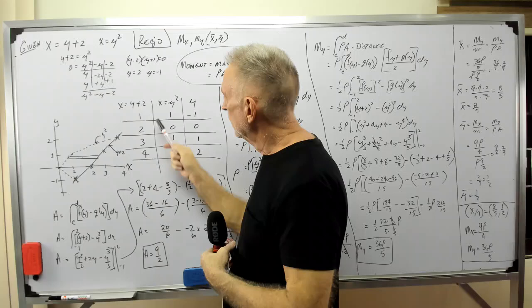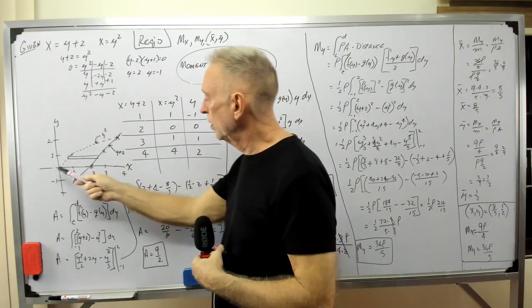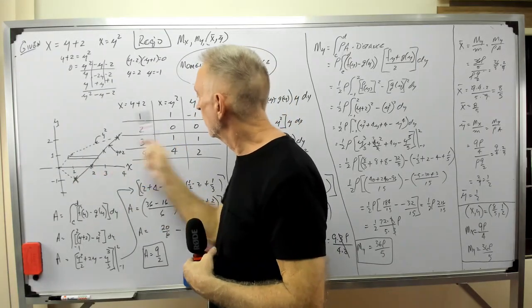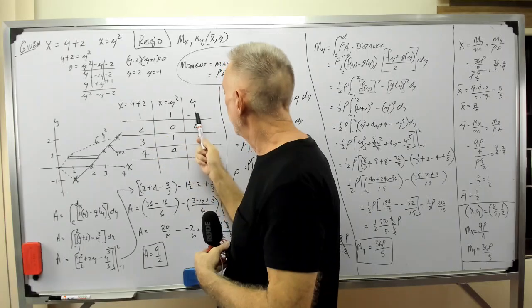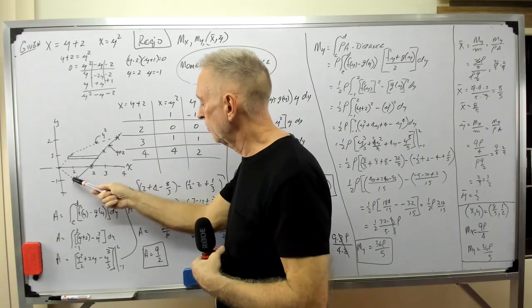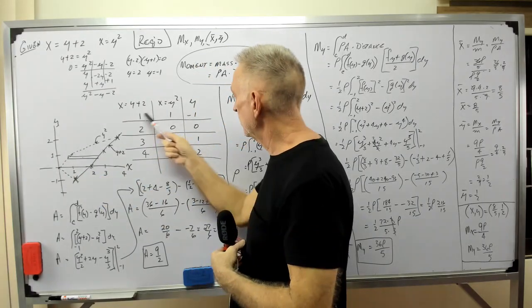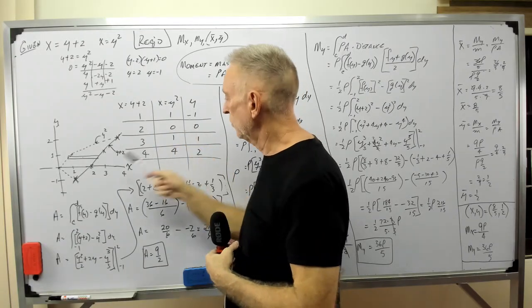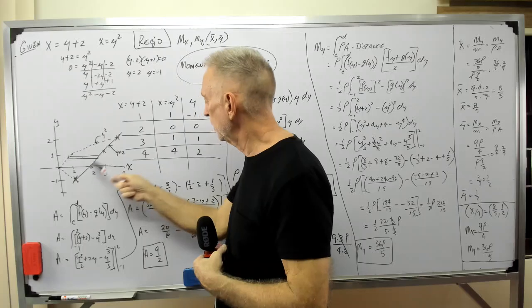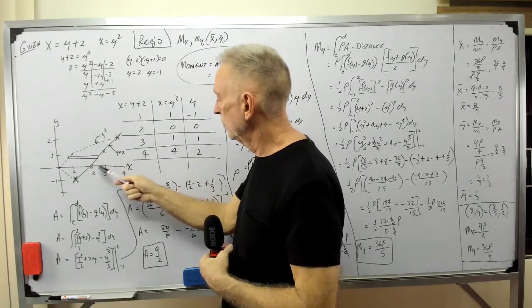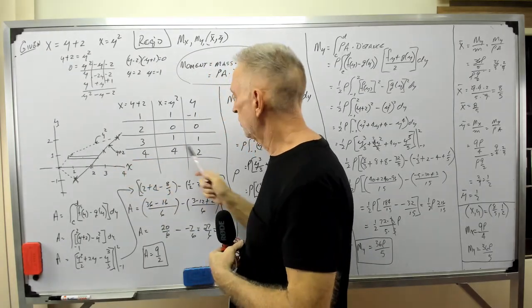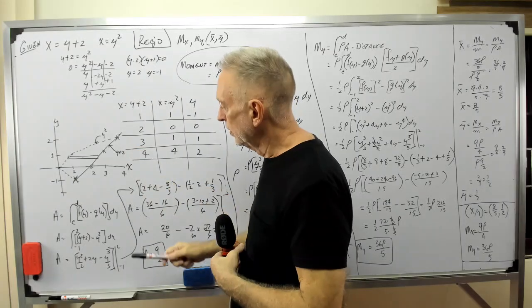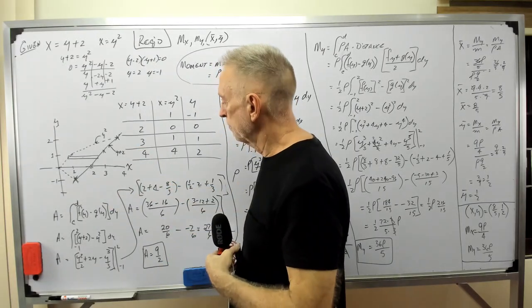For the other curve, 1, negative 1, you can see both of those touch. Then 2, 0, 3, 1, 4, 2. That's this point. So that's just a straight line.